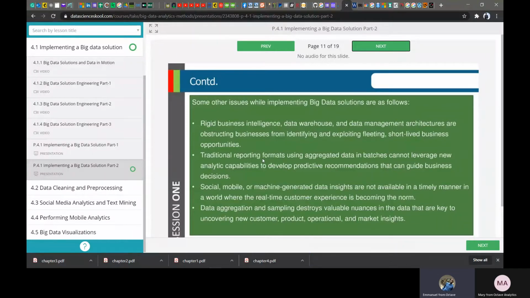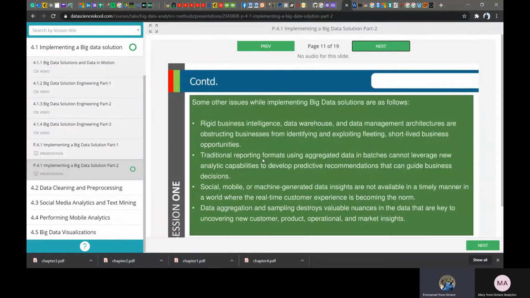The business intelligence is just too rigid. You can't really see directly, and some data warehouses are so rigid that it's difficult to even get data from them. And the data management architecture is so rigid that even finding relations between tables is very difficult. So these are some challenges facing big data.